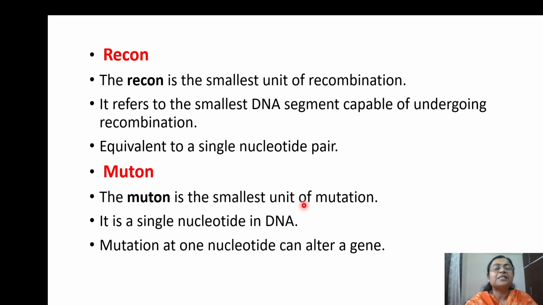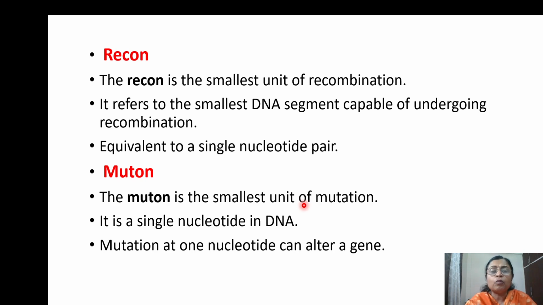Now the concept is a recon. Recon is the smallest unit of recombination. It refers to the smallest DNA segment capable of undergoing recombination, equivalent to a single nucleotide pair. So, as we say, recon is the smallest unit of recombination.